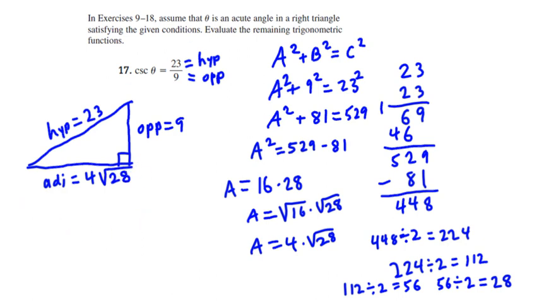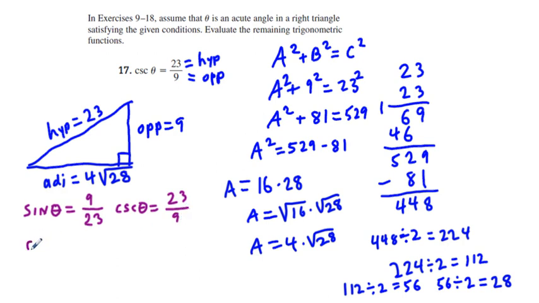So next, just kind of assembling what we need here, we have sine theta is equal to our opposite side, which is 9, over our hypotenuse, which is 23. We have cosecant theta, which we were given, weren't we? It's going to be 23/9.